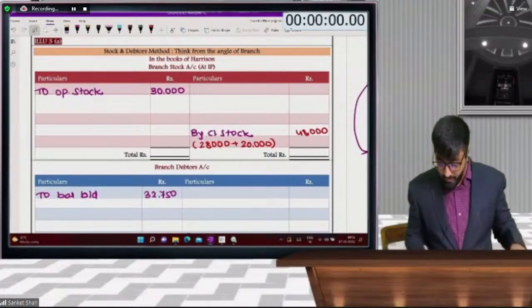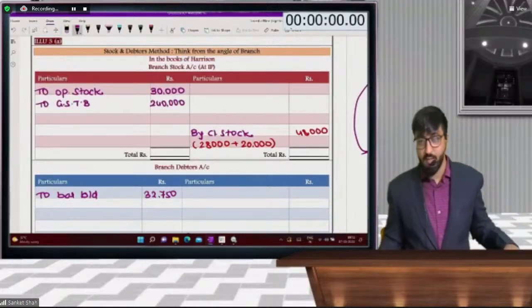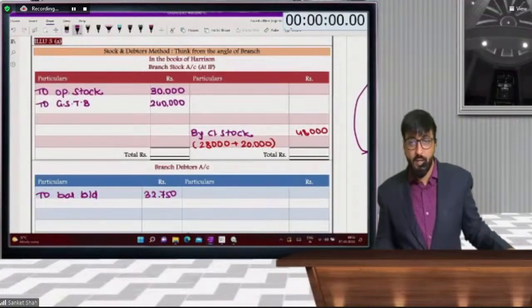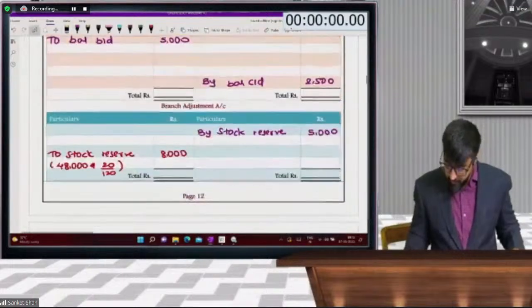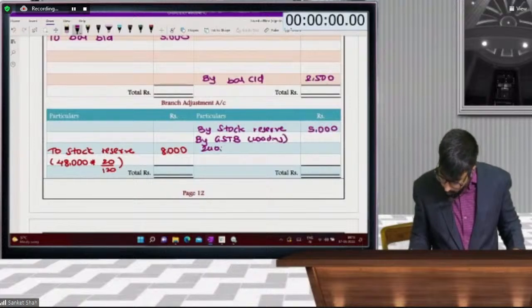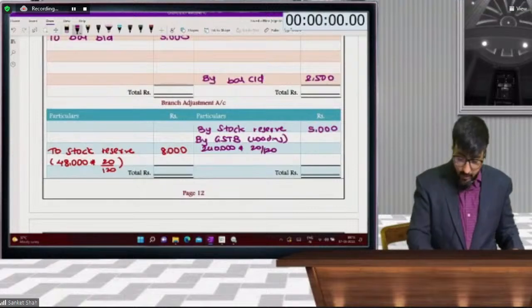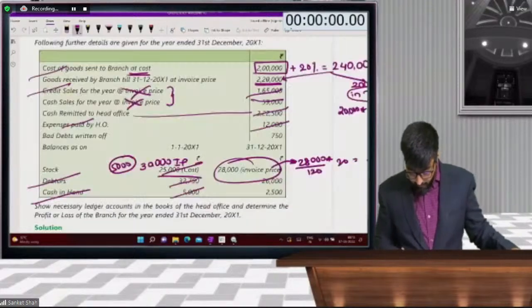So to GSTB 2,40,000, and on this cancel loading by GSTB loading 2,40,000 into 20 upon 120. 40,000.